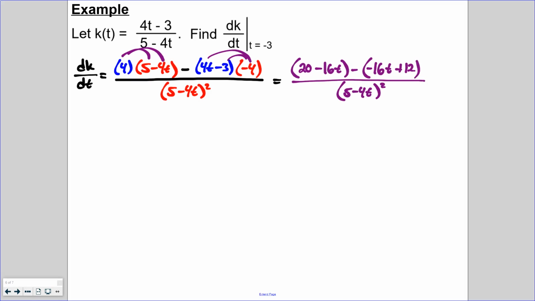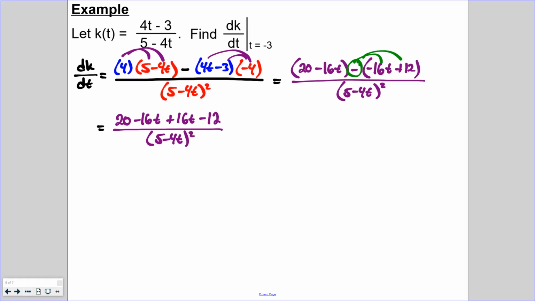All right, we can continue simplifying the numerator. We can take the negative and distribute it in, and that is going to give us 20 minus 16t plus 16t minus 12 all over the quantity 5 minus 4t squared.